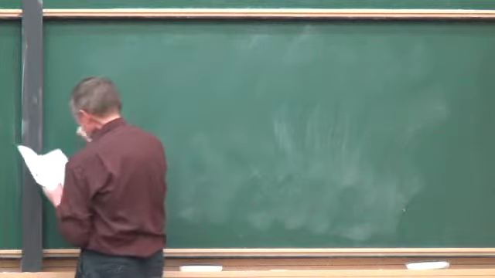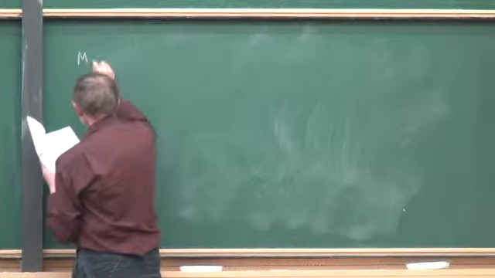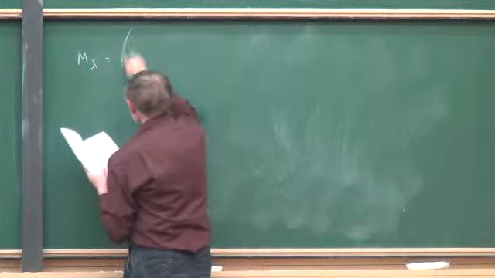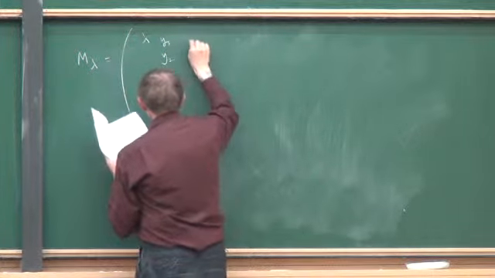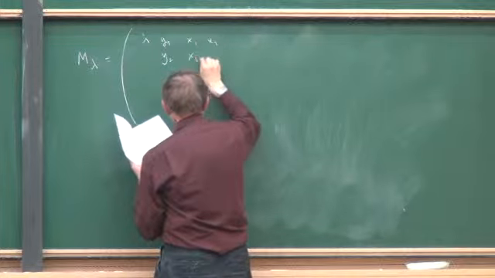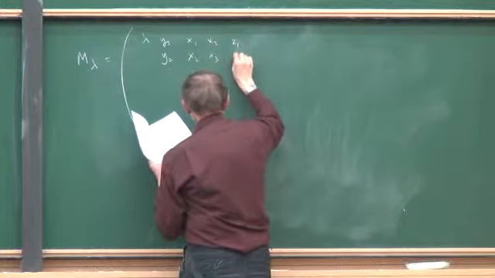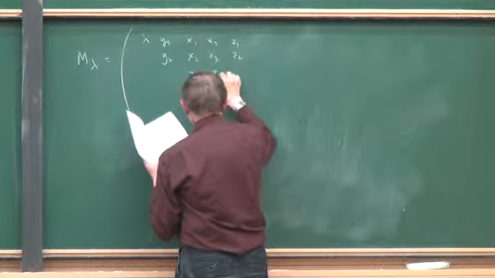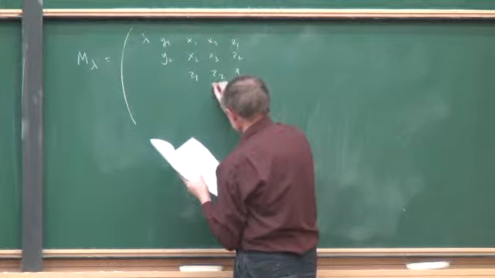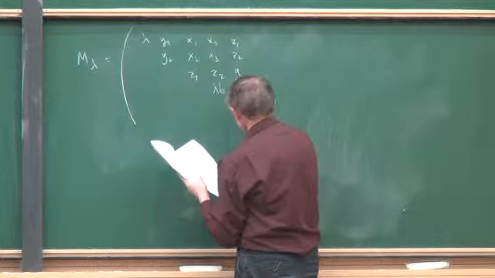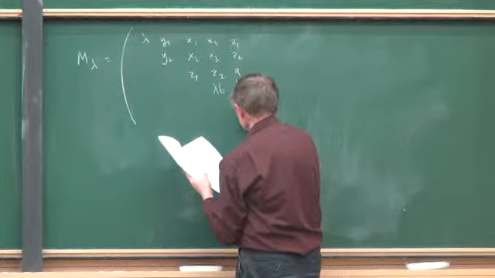So write down m sub lambda, and this guy here is lambda, y1, y2, x1, x2, x3, z1, z2, a, and then here I'm going to write down lambda times b and by1, by2.